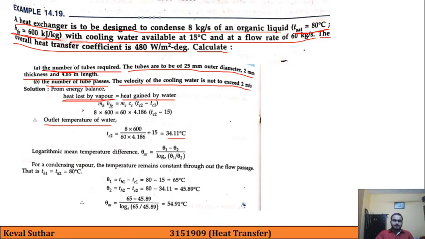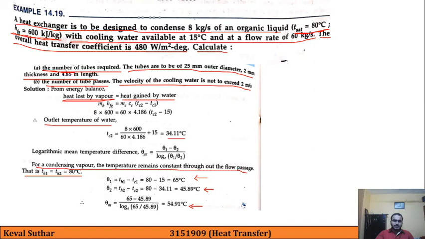And this is also a condensation process, so we are utilizing a parallel flow arrangement here, that is for condensing vapor the temperature remains constant throughout the flow passage, that is Th1 is equal to Th2 is equal to 80 degrees Celsius. So we can easily calculate theta 1, theta 2 and theta m for this arrangement.